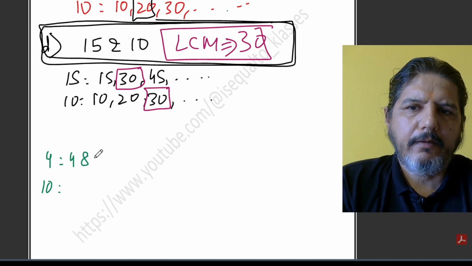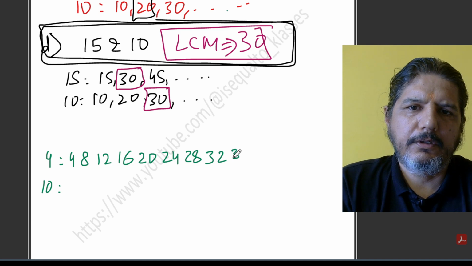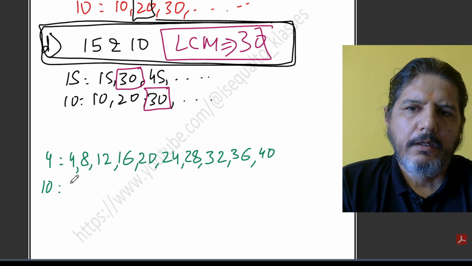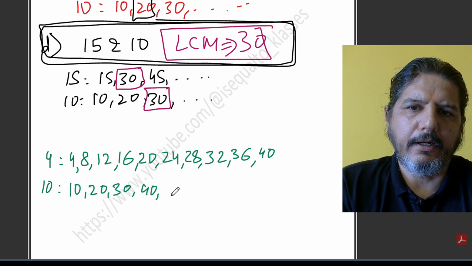Multiples of 4: 4, 8, 12, 16, 20, 24, 28, 32, 36, 40. These are the first few multiples of 4 that I have written. Multiples of 10 are 10, 20, 30, 40 and so on.